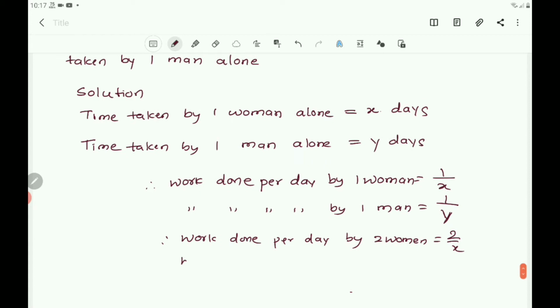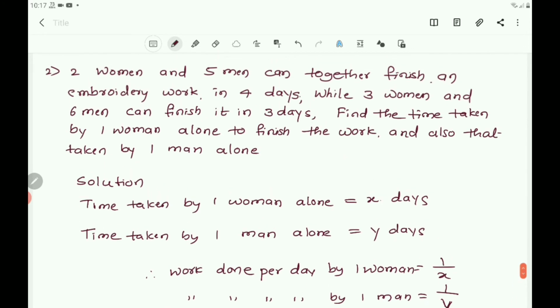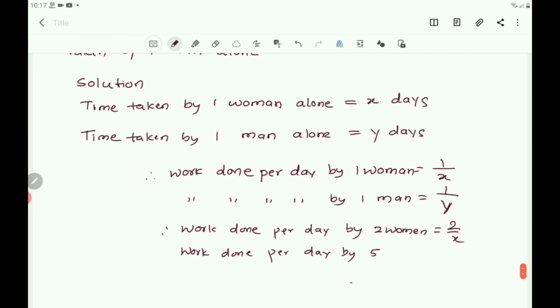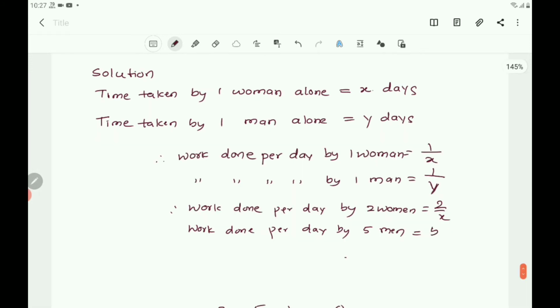Similarly, work done per day by 5 men equals 5 by y. That is, work done per day by 2 women equals 2 by x. Work done per day by 5 men equals 5 by y.